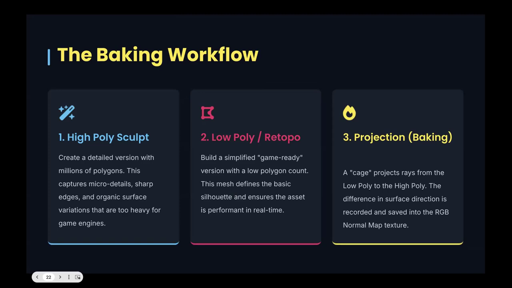So yeah, that's baking when it comes to normal maps. We do a high poly version, the detailed version. We do a low poly version. The low poly one just has to have the overall shape of the asset, but it doesn't need to have the actual details.